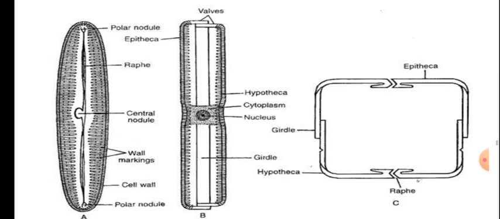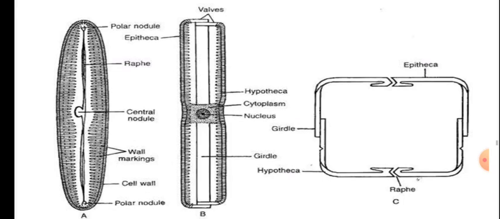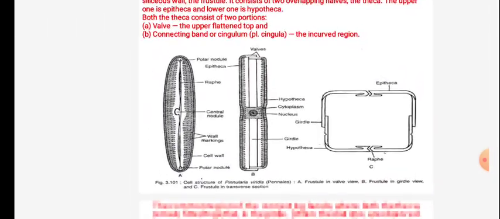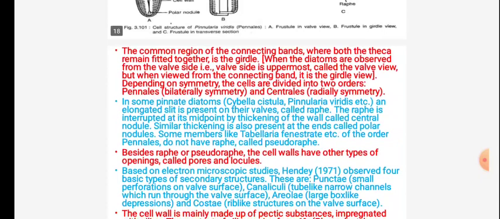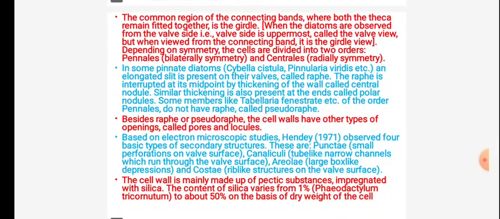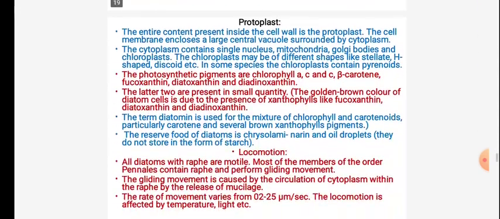Then in diagram A, you see the cell wall, wall markings, central nodule, raphe, and polar nodule at the polar end. These are good photographs, and commonly all these characteristics are to be seen particularly in diatoms.